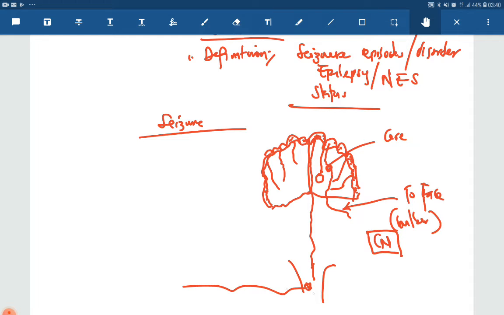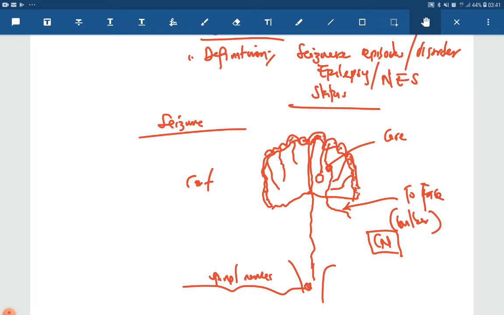These ones that go to the rest of the body are called the spinal nerves. The ones that go to the spinal nerves are called the cortical spinal tract. The ones that go to the bulbar nerves, that's the cranial nerves, are called cortical bulbar.